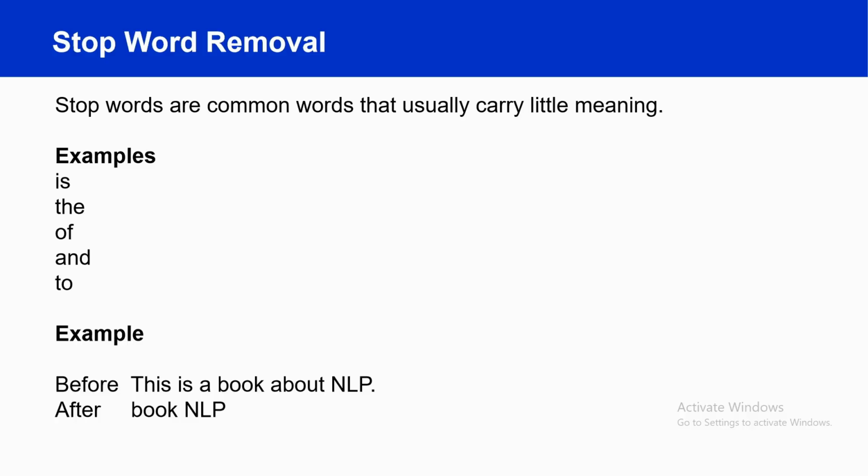For example, in sentiment analysis, words like not can completely change the meaning of a sentence. Consider these two sentences: I like this movie, and I don't like this movie. If we remove the word not, the second sentence incorrectly becomes positive. So we need to apply stop word removal carefully.